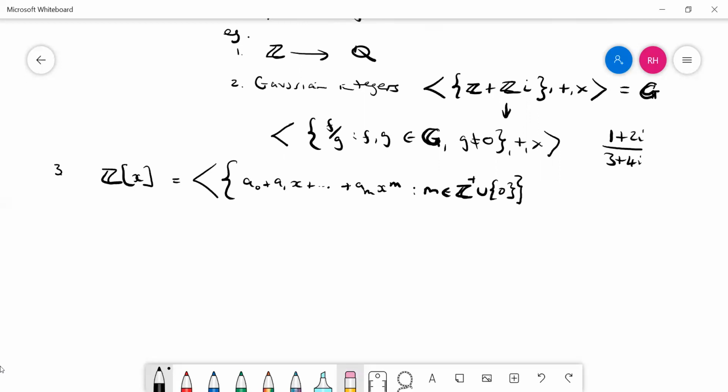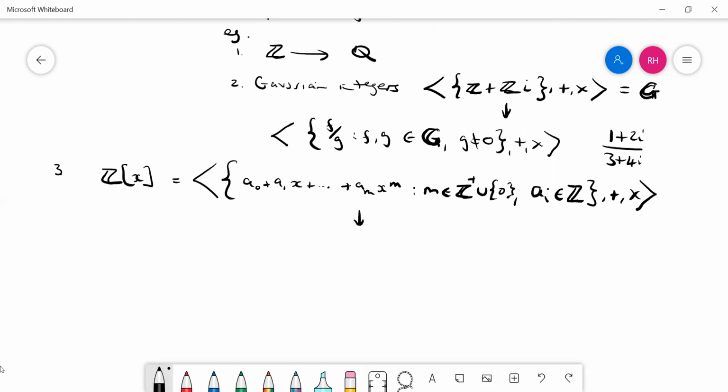Actually, we need a little more detail: we'll let the ai, of course, be integers. We just use the normal addition and multiplication that we use when doing polynomials. Good. So what does that turn out to be?